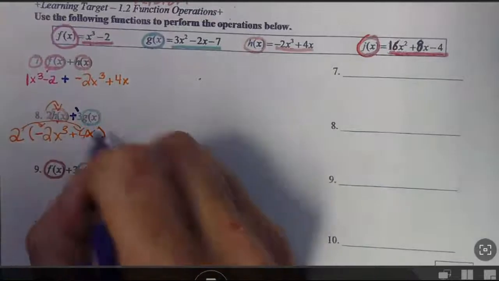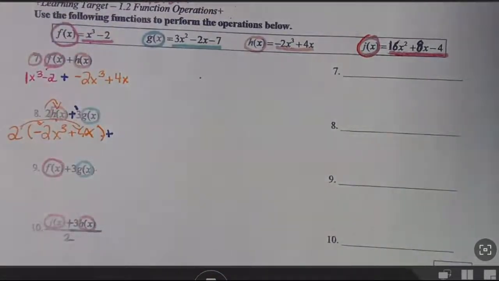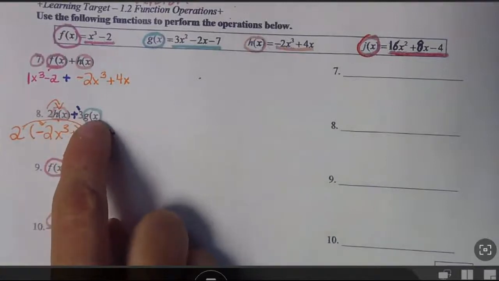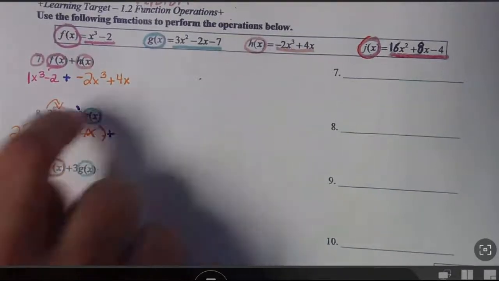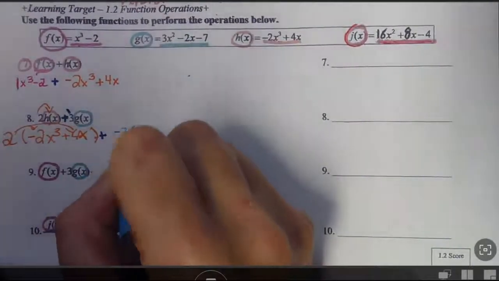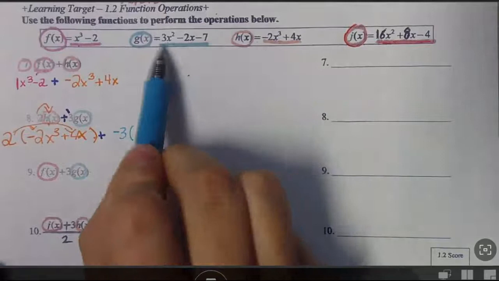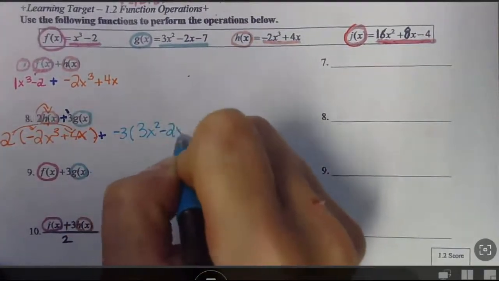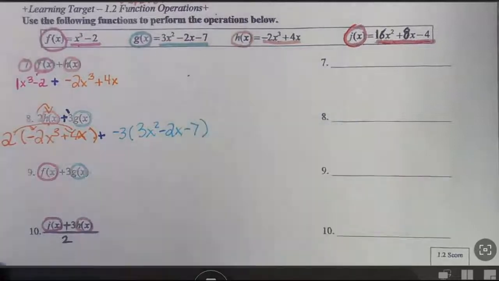So then we do the plus sign, we transfer down, and then we're going to take negative 3 times whatever g of x is. So again, negative 3 is going to be times our g of x function. So that's 3x squared minus 2x minus 7.